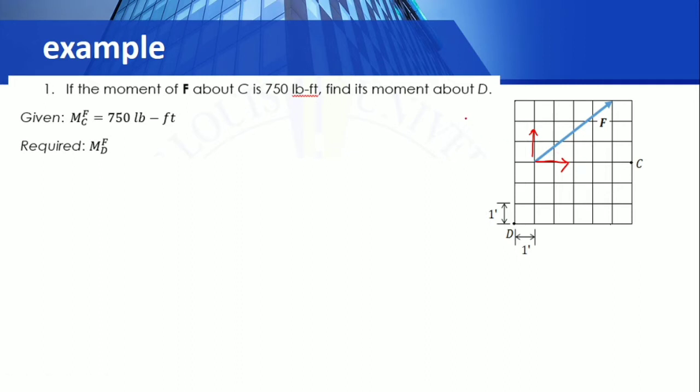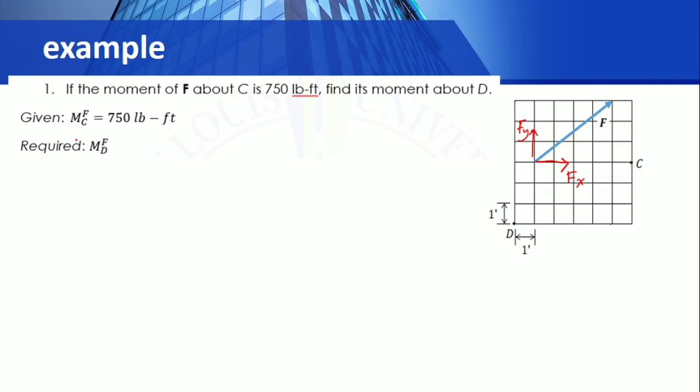So sabi natin sa Varignon's theorem, yung moment ng force is equal dun sa summation moment nung kanyang components. Okay? So tawagin natin tong f of y and this will be f of x.